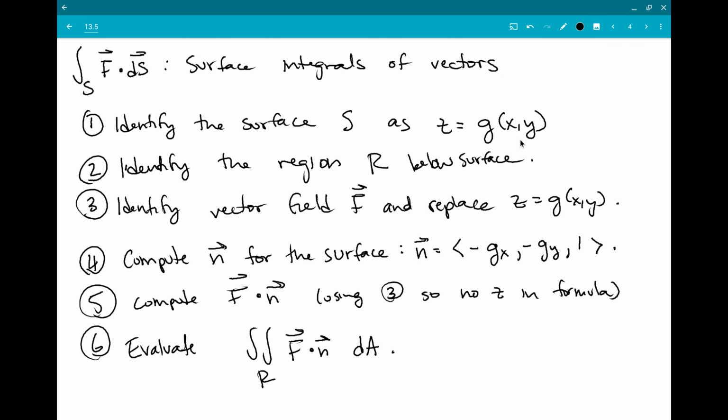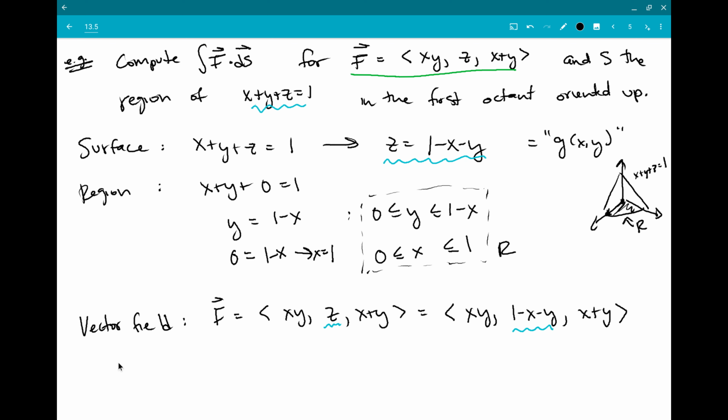And then my normal vector, I compute using this formula, and that also uses my definition of my surface: negative g sub x, negative g sub y, 1, using partial derivatives. So g sub x here is -1, so I get +1.